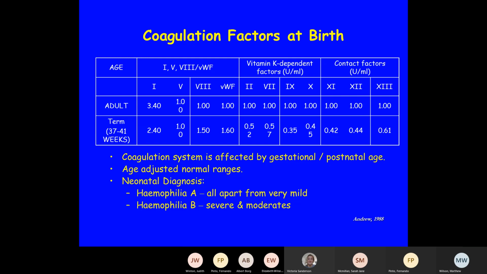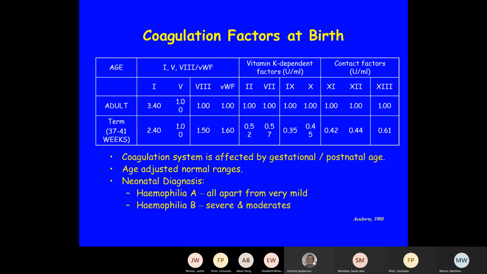Because babies are supposed to be born with adult levels of factor 8 or even higher than that. So this test would probably not only pick up a very mild hemophilia A, but would certainly pick up all the severes and certainly the milds and moderate hemophilias.